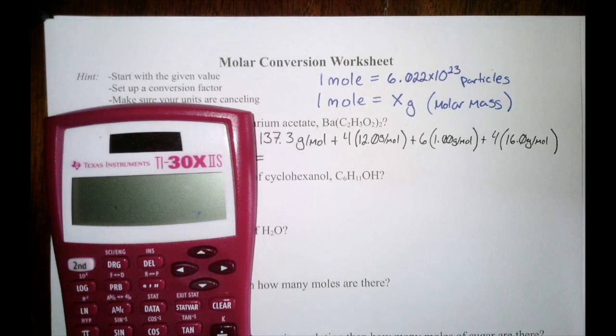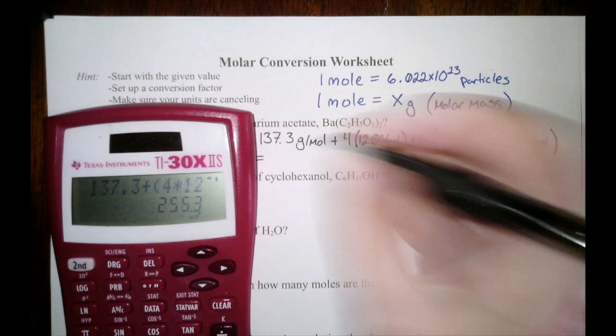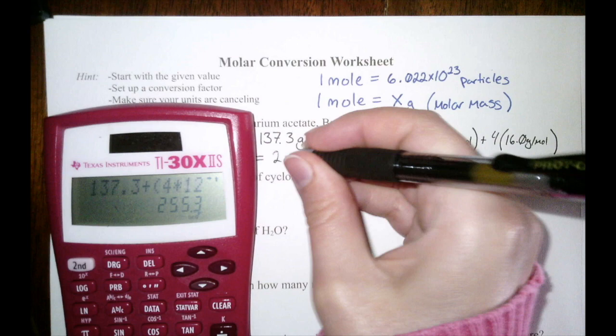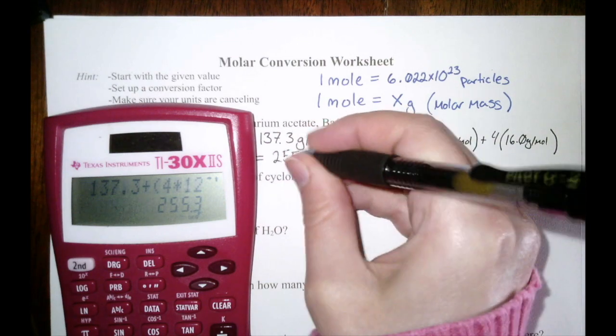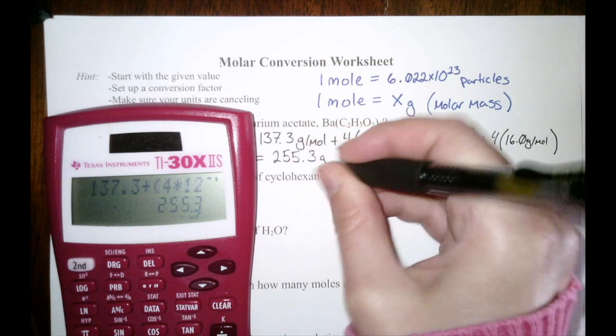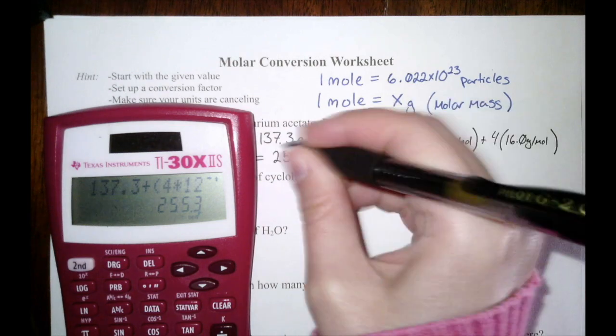So we're going to have 137.3 plus 4 times 12 plus 6 plus 4 times 16, which gives us a total molar mass of 255.3 grams per mole.